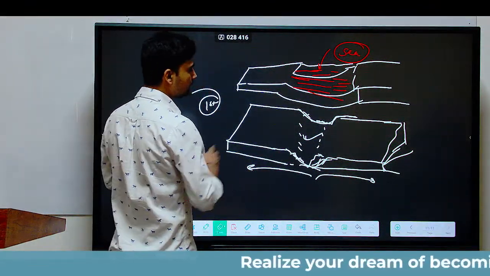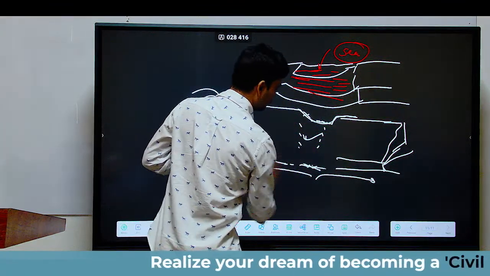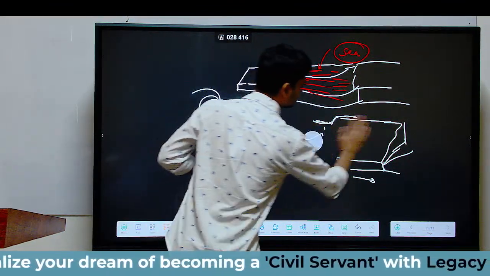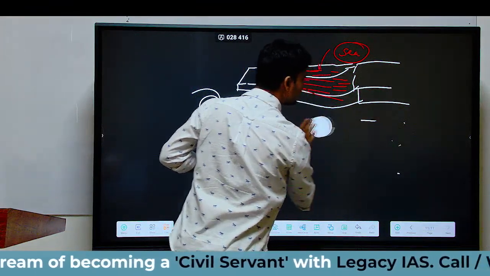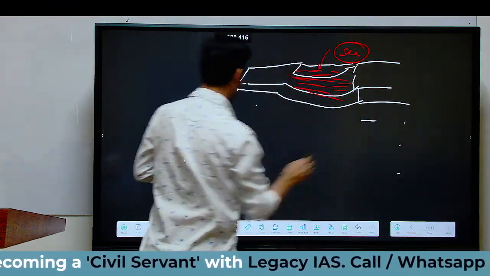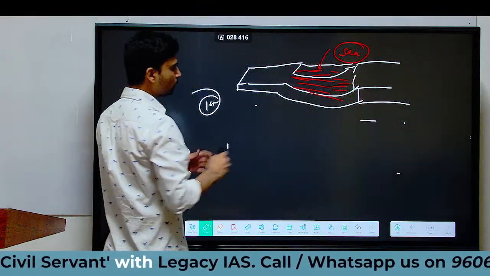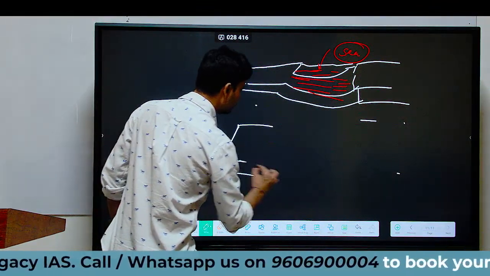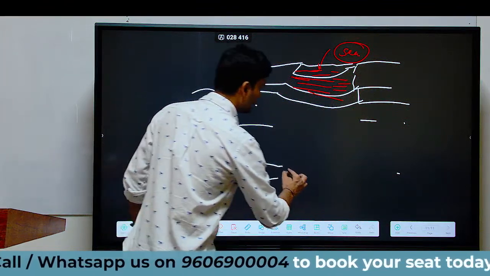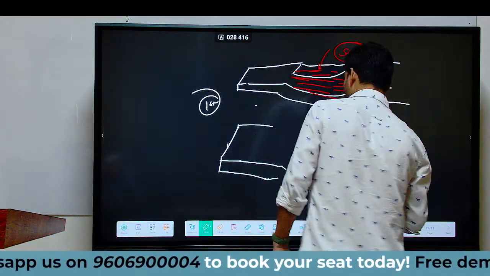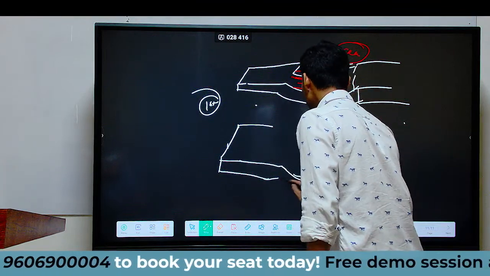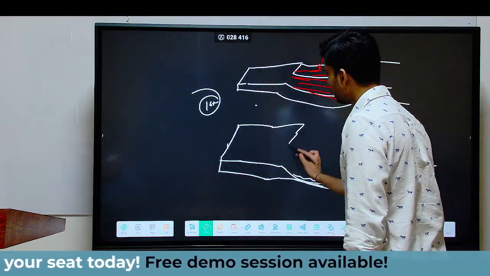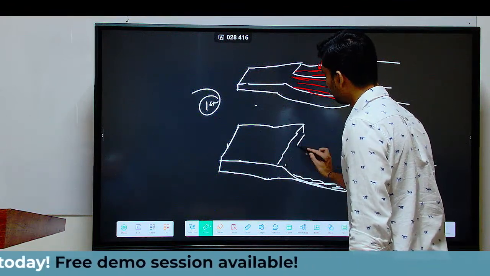That means in the last stage of continental divergence, the sea that has formed in the second stage will become so wide that the bottom of this continental crust will be replaced by oceanic crust, and then this continental part will be somewhere here.